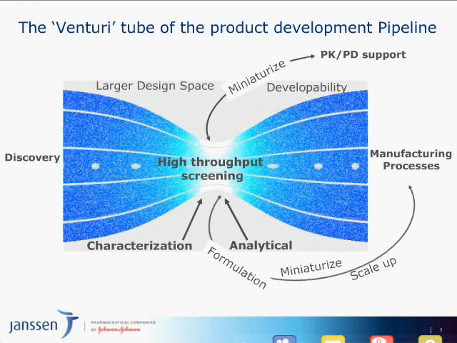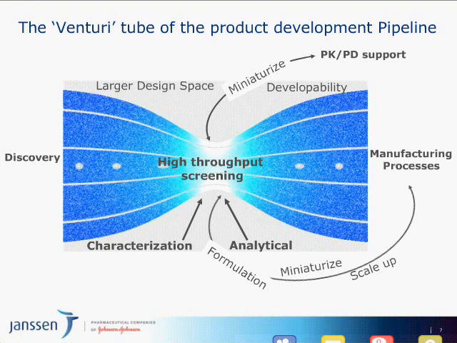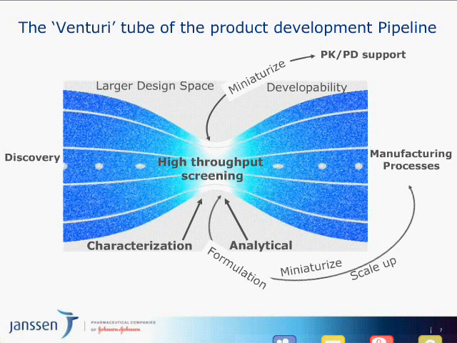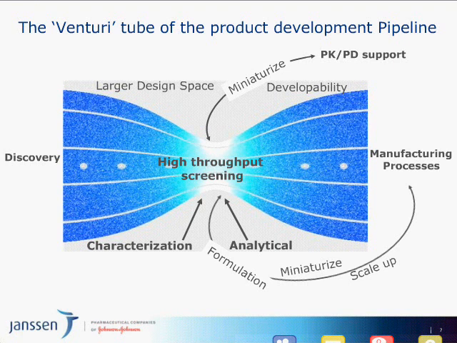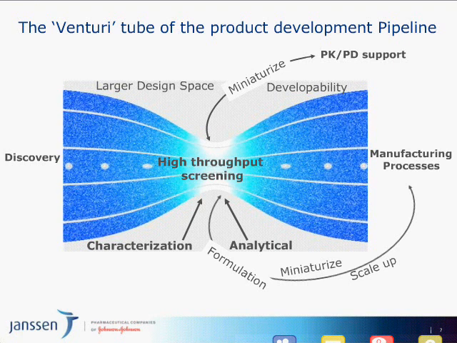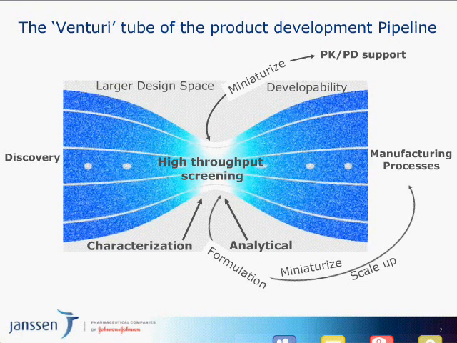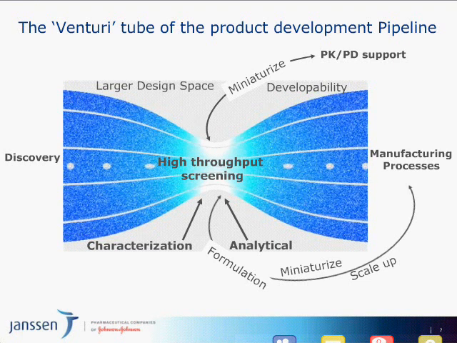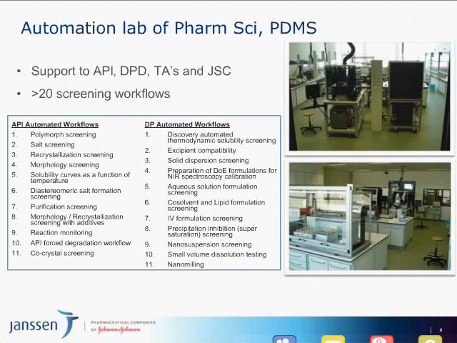We're trying to mimic the actual situations for the PK studies so that our screening result is meaningful and reproducible for them. So this is an overview of our lab in the Janssen Beerse site. We have more than 20 automation workflows here. We are supporting not only API and drug development, we also supply the Janssen supply chain, which is the manufacturing side.